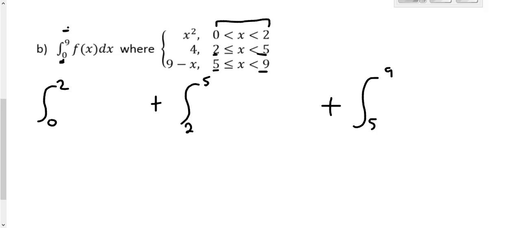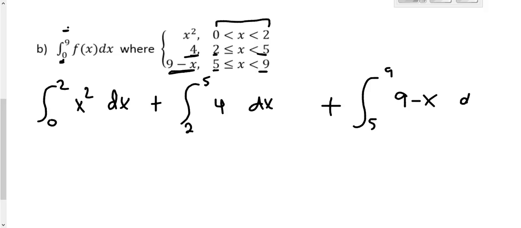Now each of these from 0 to 2, our equation is x squared. From 2 to 5, our equation is 4. And from 5 to 9, our equation is 9 minus x. And each of these must have a dx after it for proper notation. And that is the biggest thing about this quiz. I want to see your notation. Okay? Once you get that far, you can integrate and add them all up.